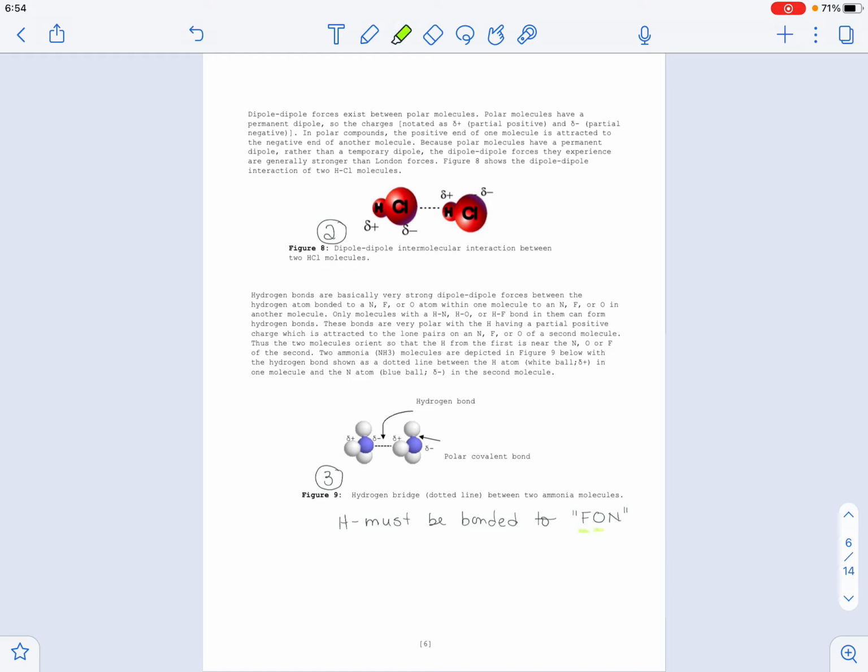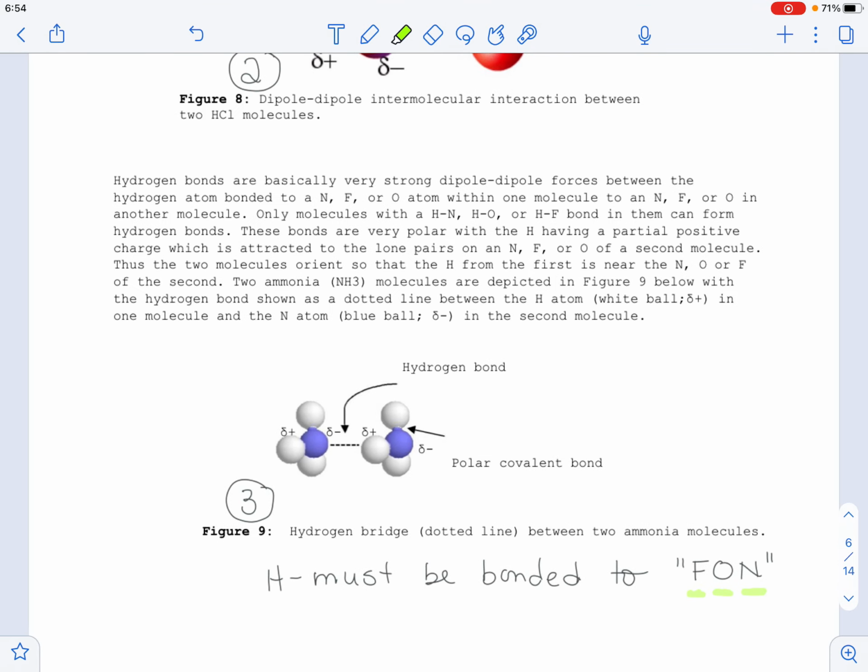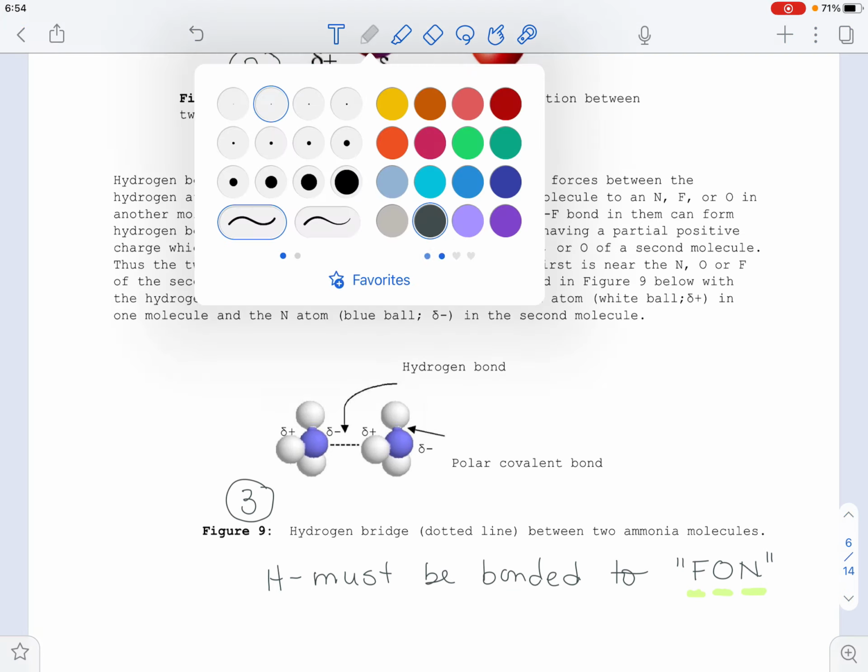Fluorine, oxygen, and nitrogen. Okay? So, when this is happening, I'm just going to illustrate hydrogen bonding in the following molecule. So here we have specifically a hydrogen bond that is happening in ammonia.